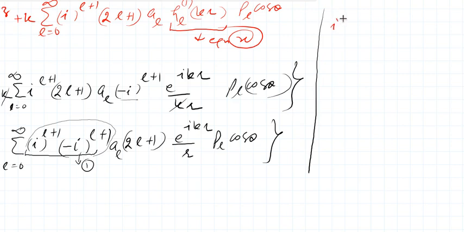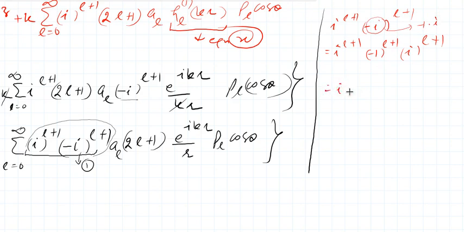It is iota raised to power L plus 1 and minus iota raised to power L plus 1. I can write it as iota raised to power L plus 1 times minus 1 raised to power L plus 1 and iota raised to power L plus 1, because minus iota means minus 1 into iota. Okay? So iota raised to power L plus 1, L plus 1, they can be added together, and minus 1 raised to power L plus 1.